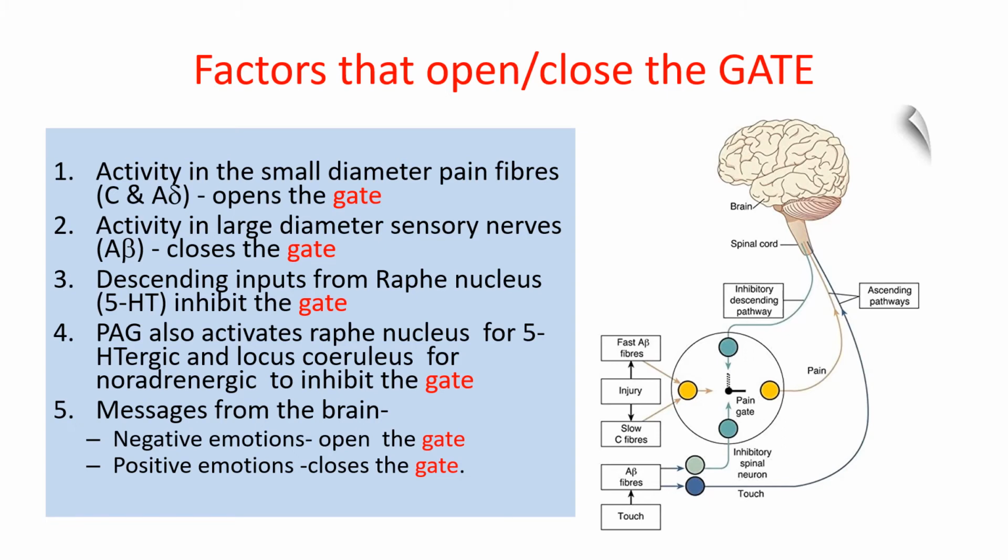At the end of the play, he comes to the room and then starts feeling pain. That is typical of suppression of the pain because there is a positive emotion, to win the tournament. So positive emotions suppress or close the pain. The negative emotions such as worrying, anxiety, and always focusing on pain open the gate and continue to give the pain.